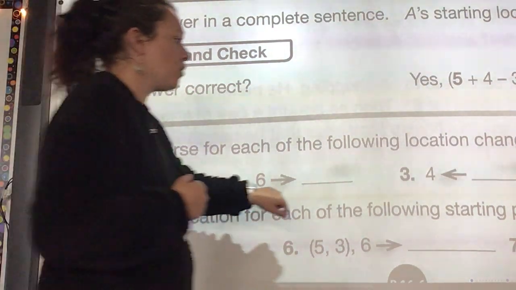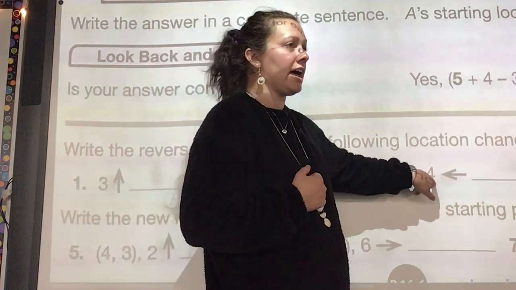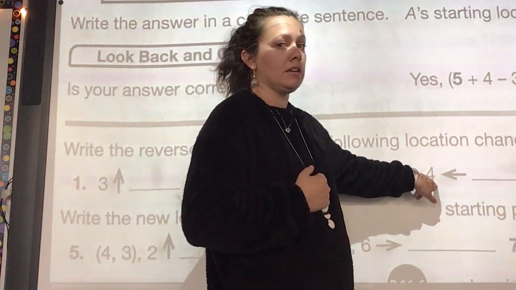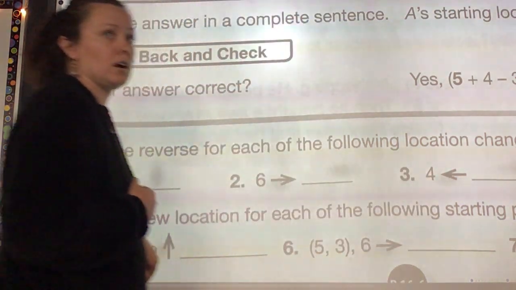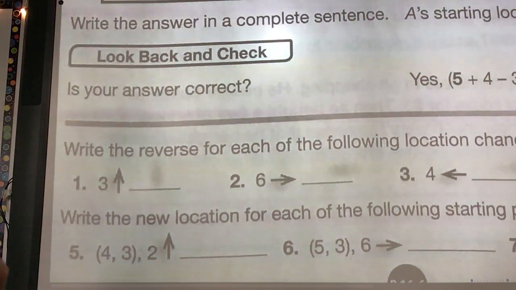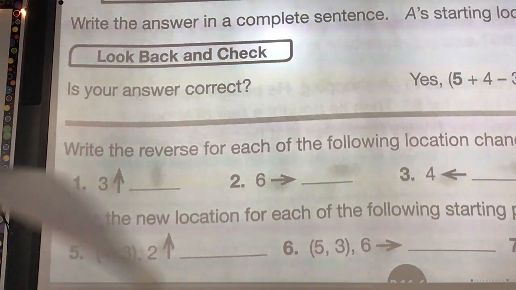6 units left. What if I said I was going 4 units left? What would be my opposite, Megan? Oh, go ahead. Malia, 4 units right. 4 units to the right. That is it. Okay? So let's give me a new, we're going to get an ordered pair, and we're going to try this.